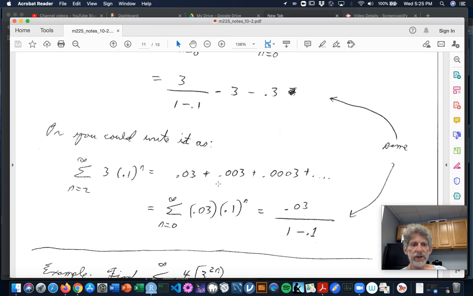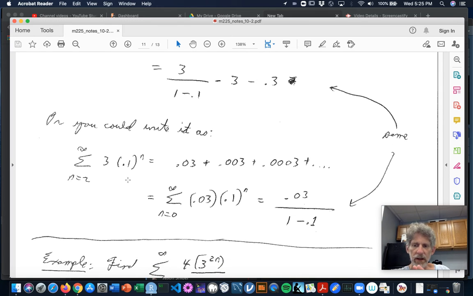Another approach to this kind of thing, instead of subtracting off, is write out your terms and then just see if you can get it into standard form right away. Like what I might do here is factor out a 0.03 from each of those terms. That'll be my c.